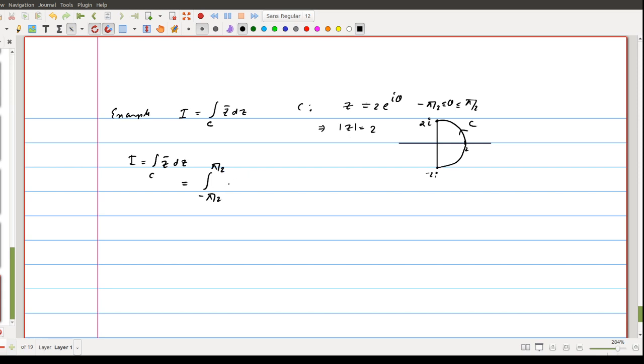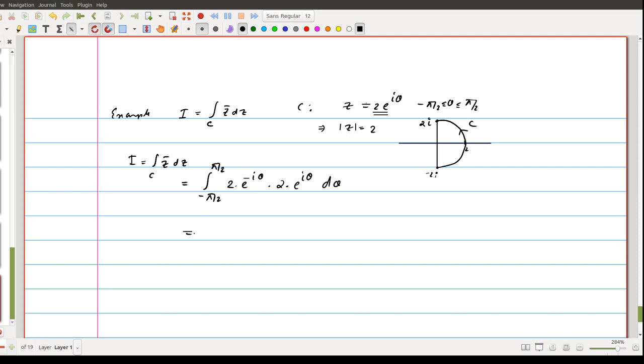Then z conjugate will be 2 times e to the power minus i theta, and that times z dash, we need to multiply it with the derivative of z, which is 2 times e raised to i theta, and the derivative will be i times 2 times e to the power i theta, then d theta.